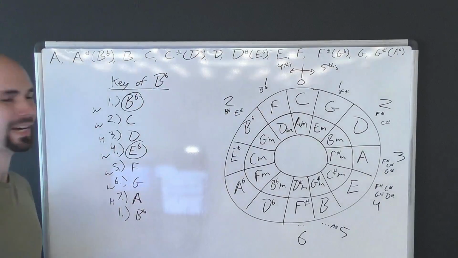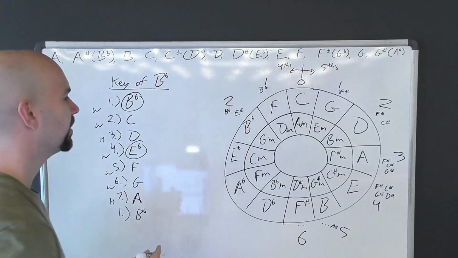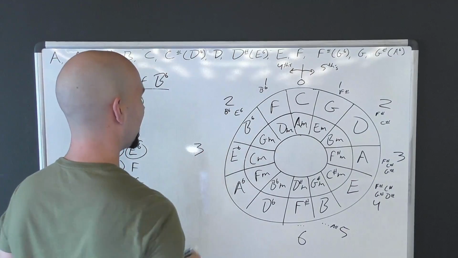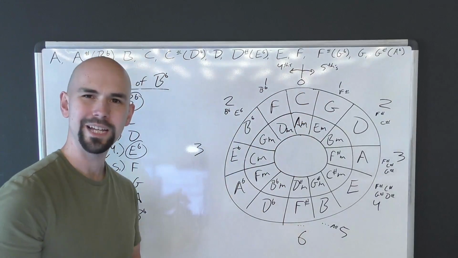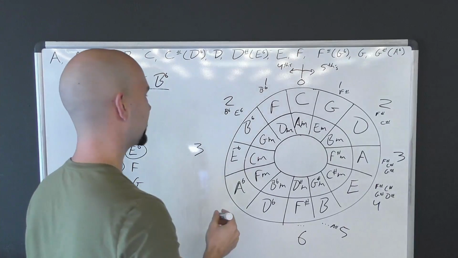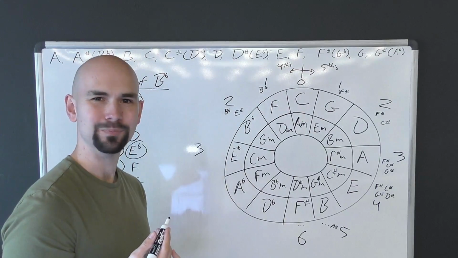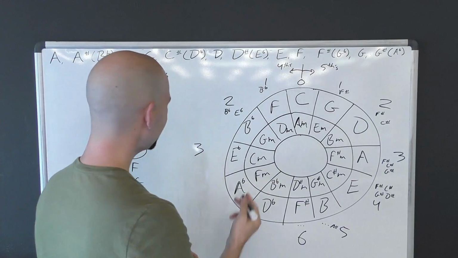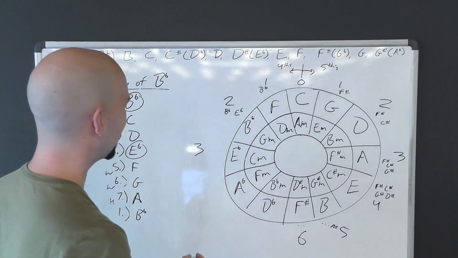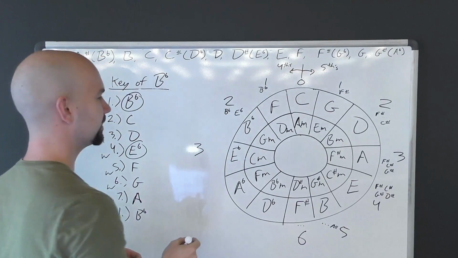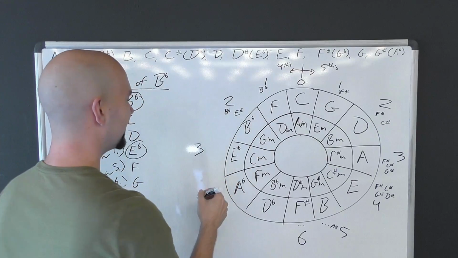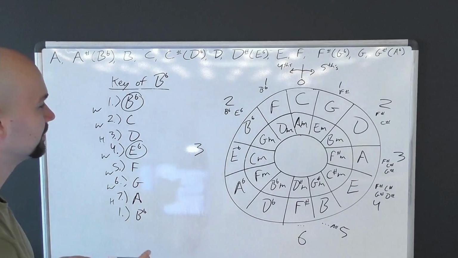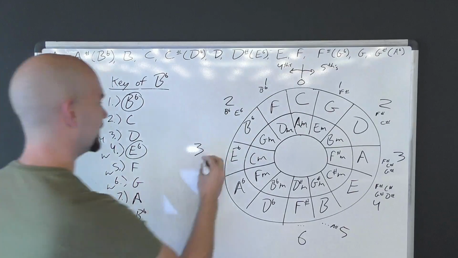It turns out that we're going to have this pattern continue, where as we move along, every new key going counterclockwise to the bottom, you're going to be adding a new black note, and it's always going to be number 4 in the key. And so then we would end up with your B flat, your E flat, and then we're going to get A flat here.